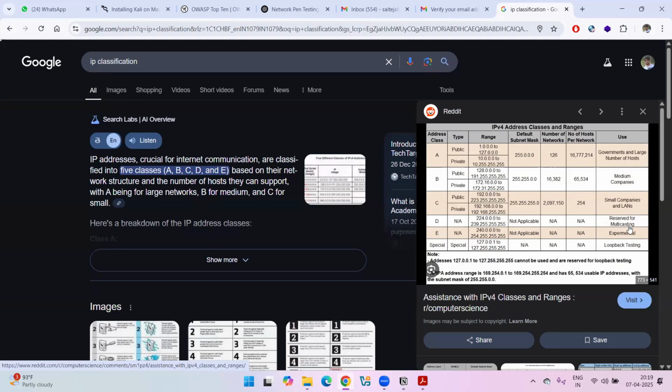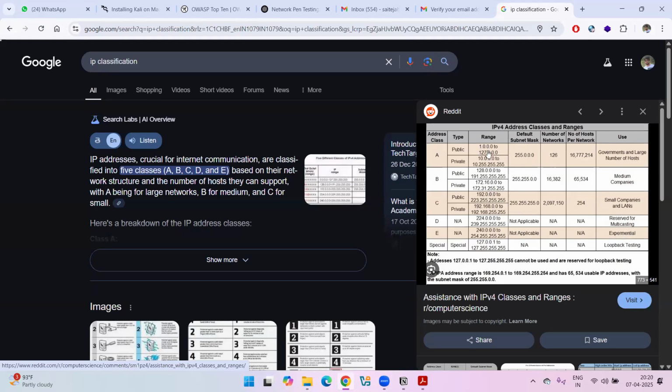We have these terms: unicast, multicast, and broadcast. Unicast is one to one, broadcast is one to many, and multicast is one to only selected people, like your Netflix kind of thing, where only people who are subscribed can access. And class E is used for experimental purposes.